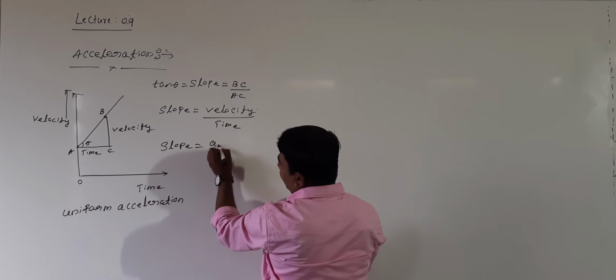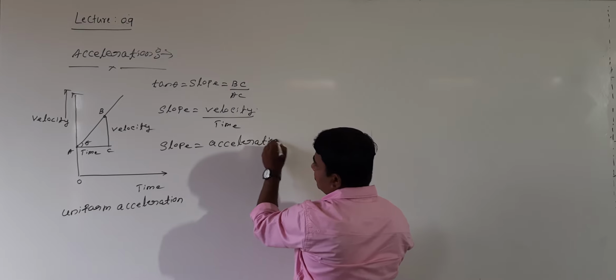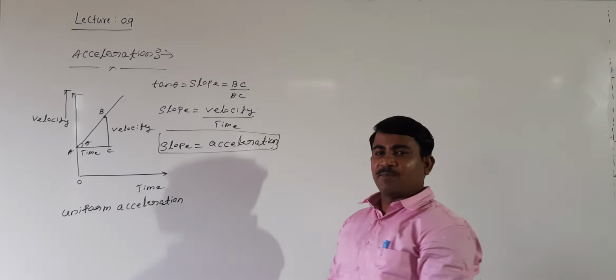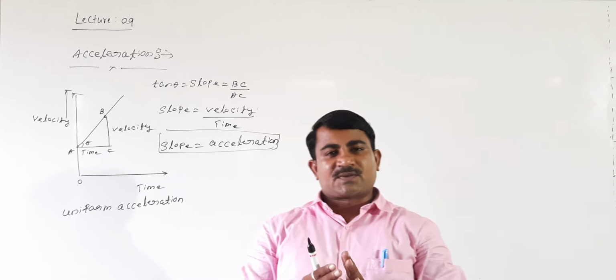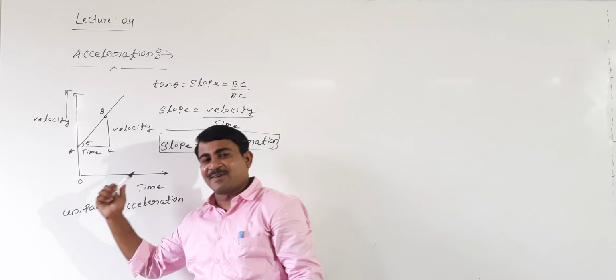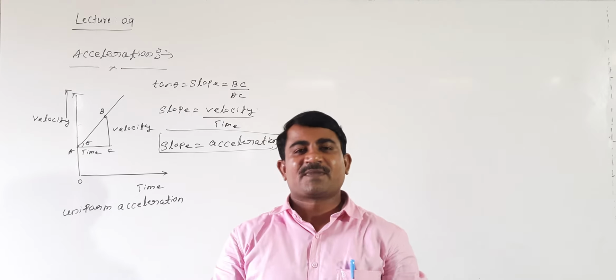Velocity divided by time indicates acceleration traveled by the body. The slope of the velocity time graph represents acceleration traveled by the body. This we have seen in the last class.